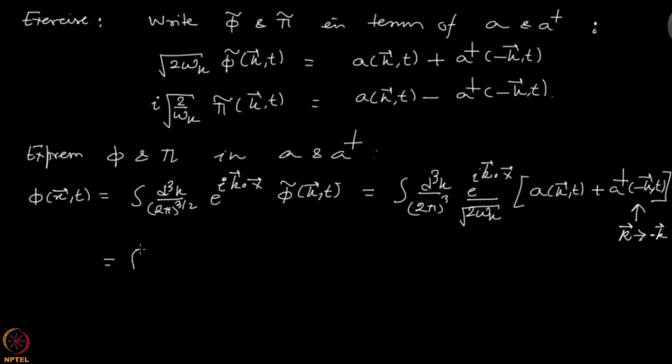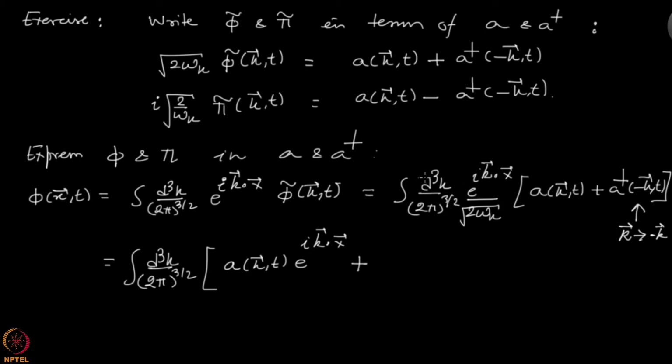So the result will be d cube k over 2 pi to the 3 over 2. I had missed this. Then you have a_k of t e to the i k dot x, which is fine, plus I have changed the variables from minus k to k in this one.